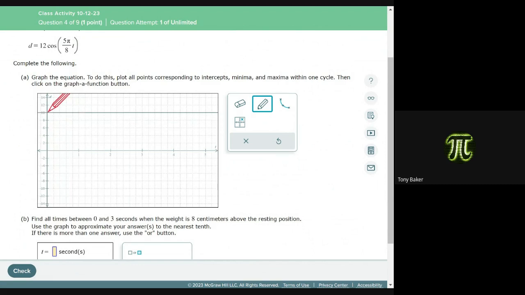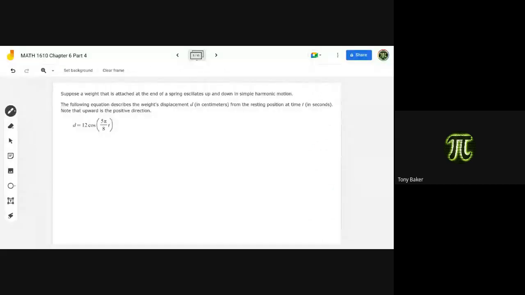It'll be at 12, right? So we got that one. Okay, the rest of these I actually have to come up with. I have to do the parent function for this one. So this one we need to use the parent function for because they want all the points. 5 pi over 8, yeah.